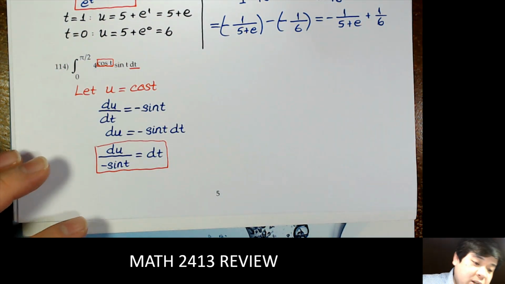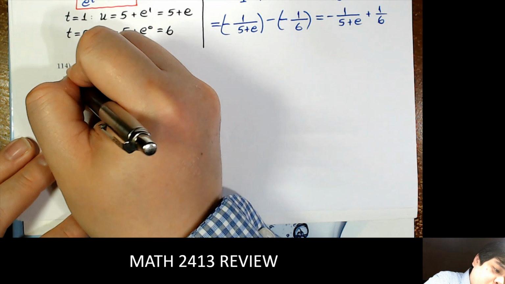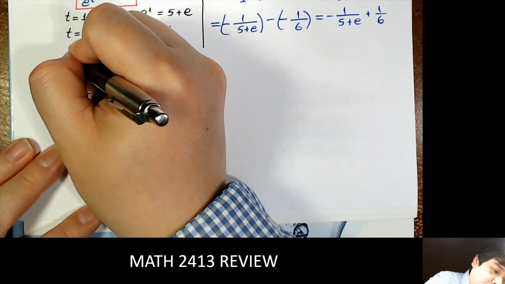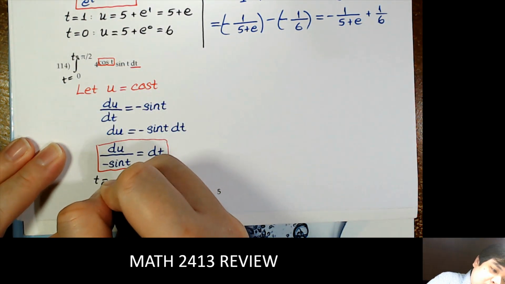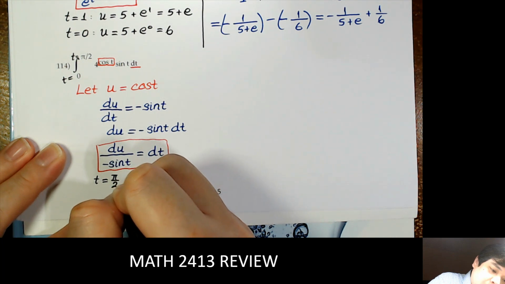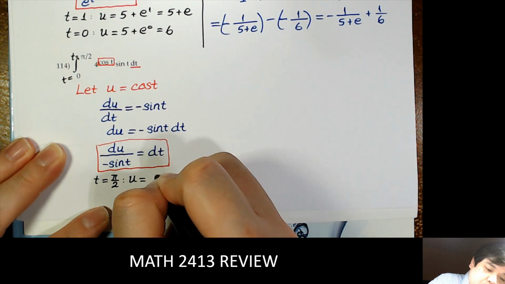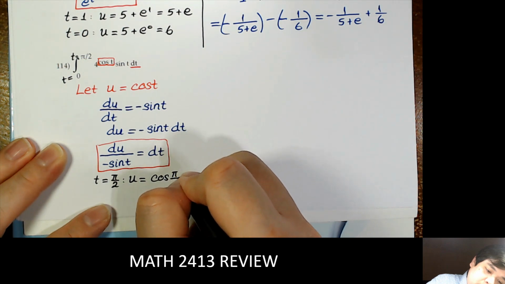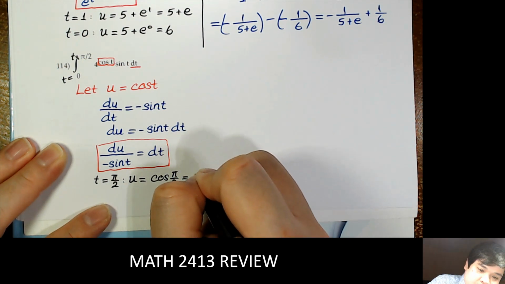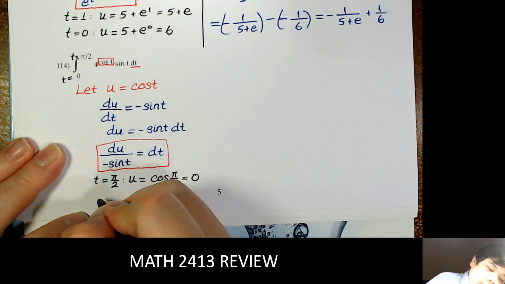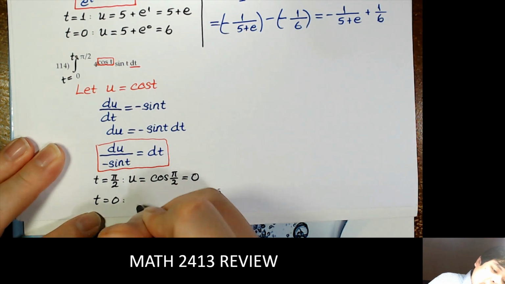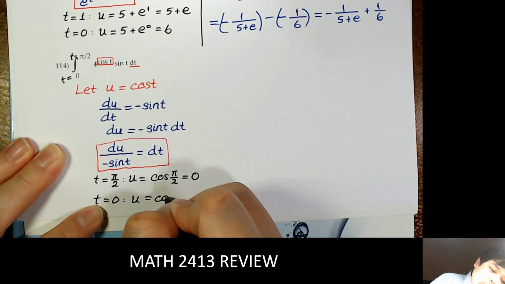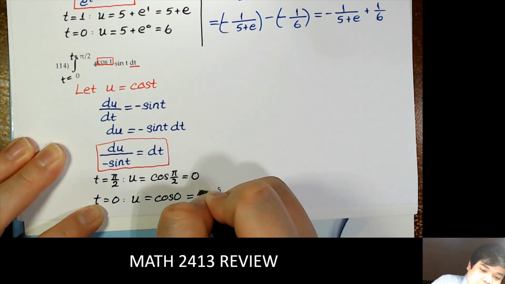Right. The limits, originally t goes from 0 to pi over 2. If t is pi over 2, u is cosine of pi over 2, which gives us 0. When t equals 0, u equals cosine of 0, which is 1.